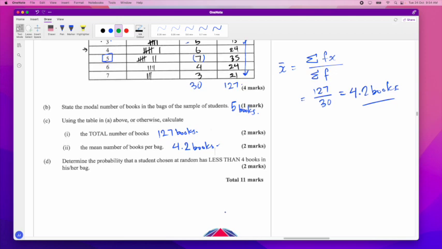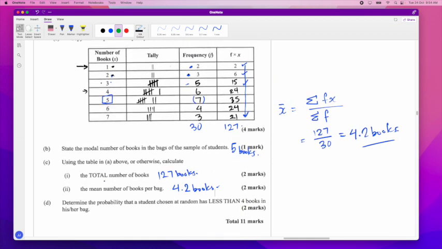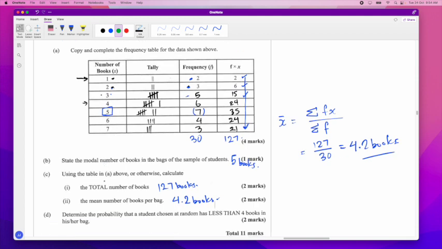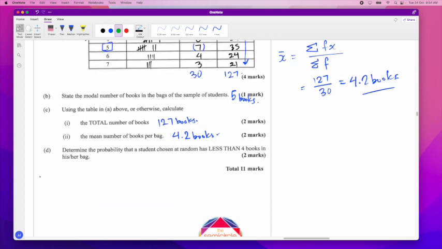Determine the probability that a student chosen at random has less than 4 books in his or her bag. So remember, the probability of a student having less than 4 books is the favorable outcomes, which is the ones that we want, which are those students who have less than 4 books, over the total amount.